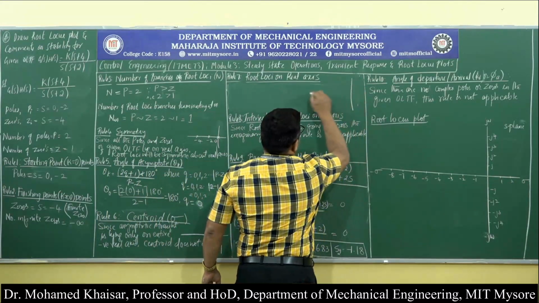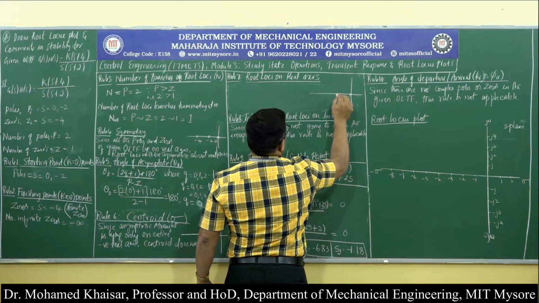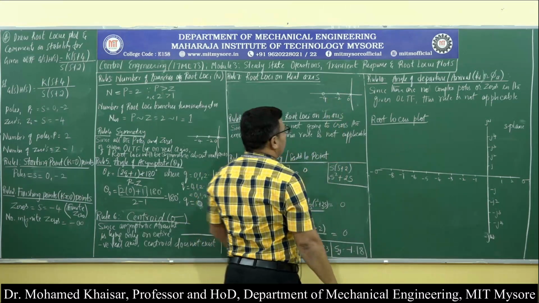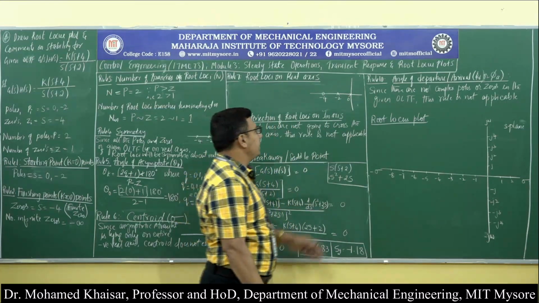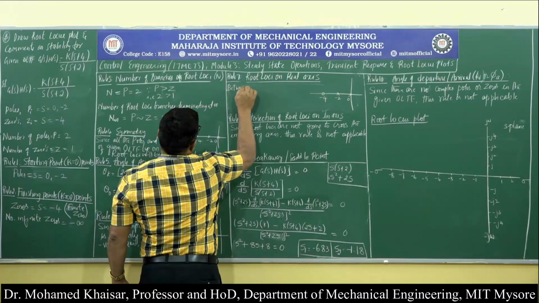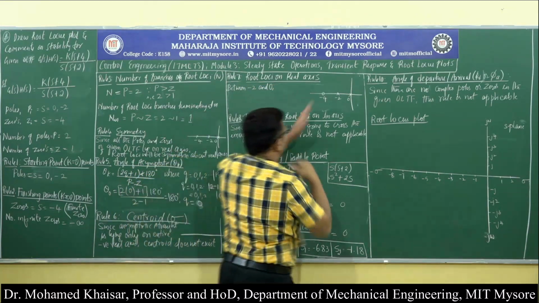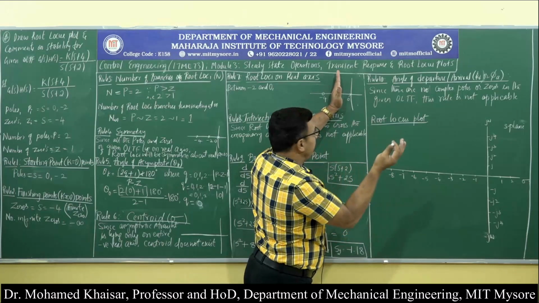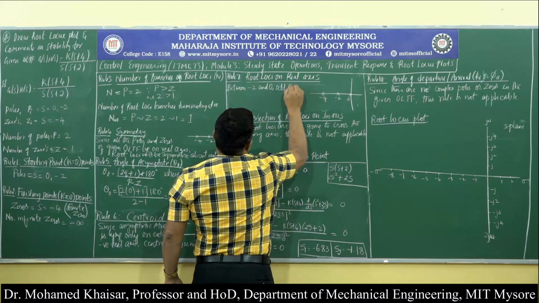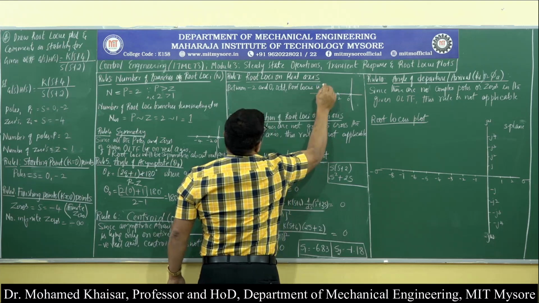If this is the S plane, there is a pole at 0, there is a pole at -2, there is a 0 at -4. If we just look here, then between -2 and 0, the count towards the right hand side of -2 is odd. So, odd, so root locus is present.